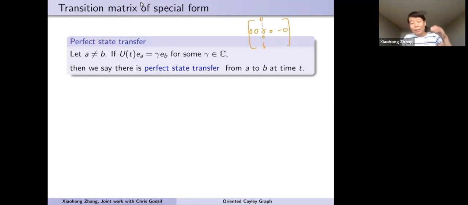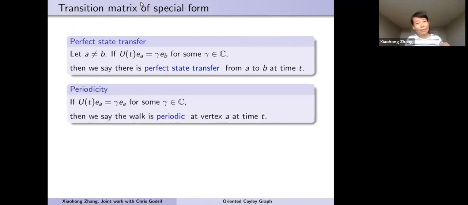If gamma occurs in the BA entry of U, then there is a perfect state transfer from A to B at this time. If it is on the diagonal, then the walk is periodic at A at this time. That's one extreme case: there is only a 1 or 0 entry in that column.